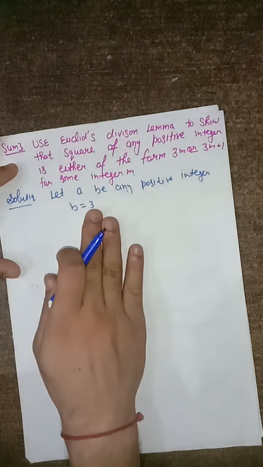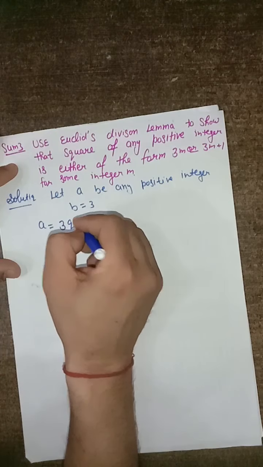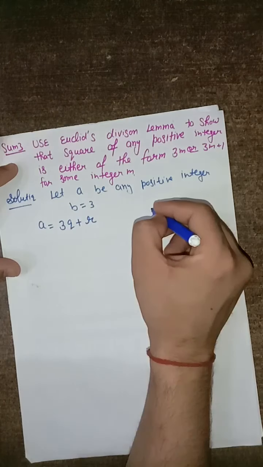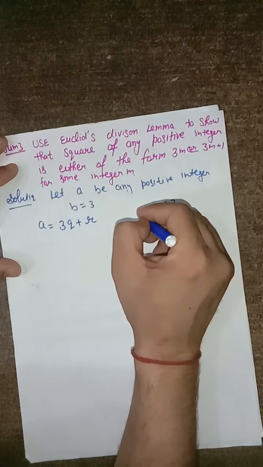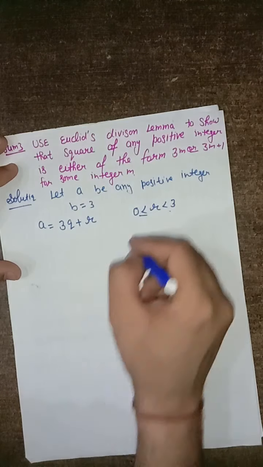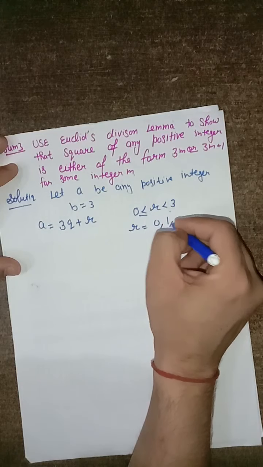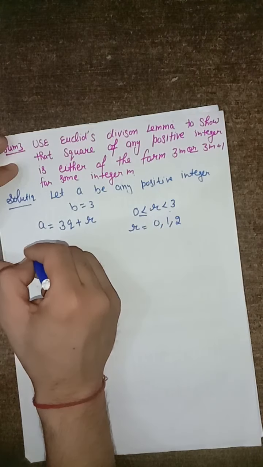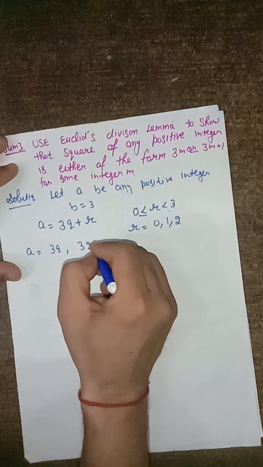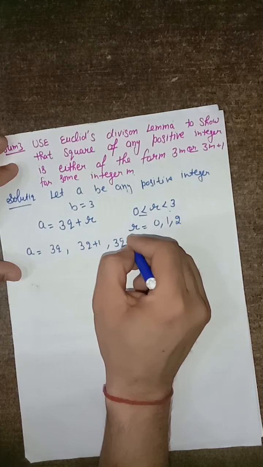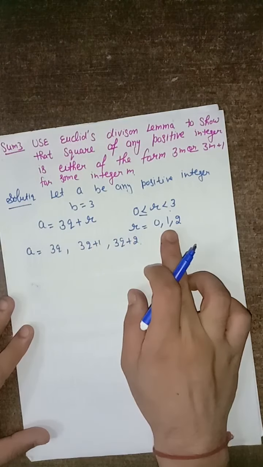Now apply Euclid division lemma. We will get a equals 3q plus r, where r is less than 3 and greater than or equal to 0. The possible values of r are 0, 1, 2. So we can write a as 3q, 3q plus 1 and 3q plus 2, substituting the values of r, that is 0, 1, 2.